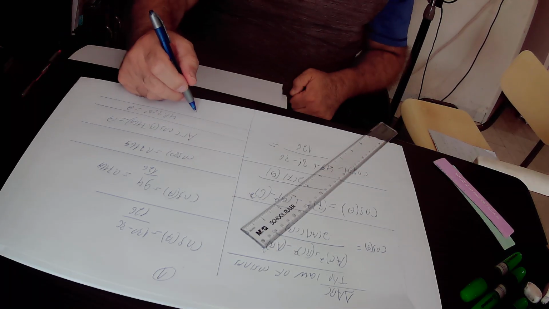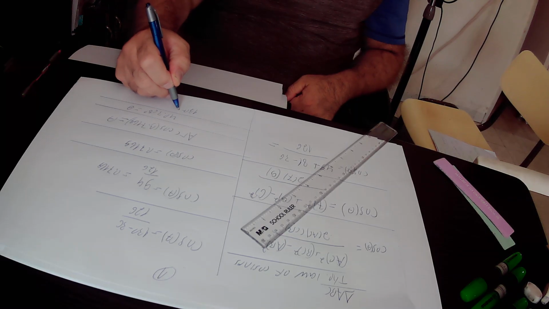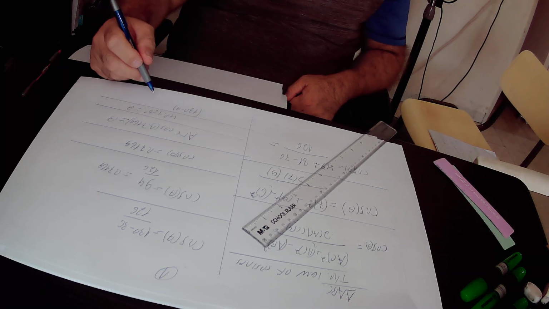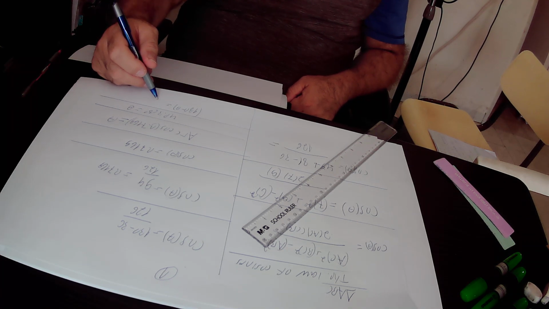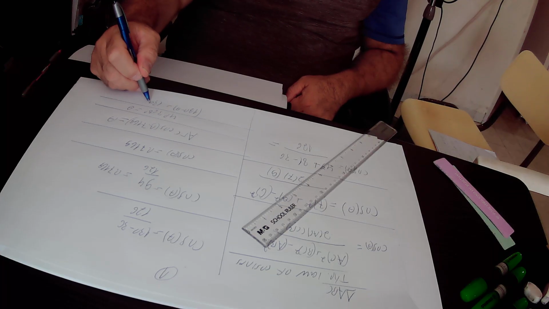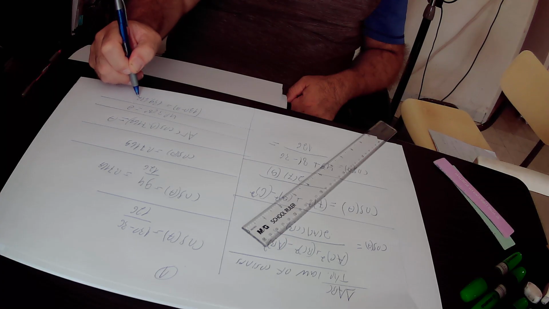What is the value of 180 degrees minus theta? It is 180 degrees minus 40.368 degrees, which is 139.632 degrees.